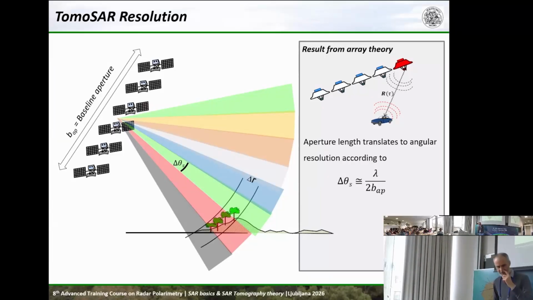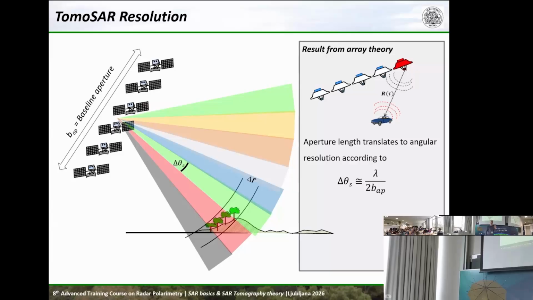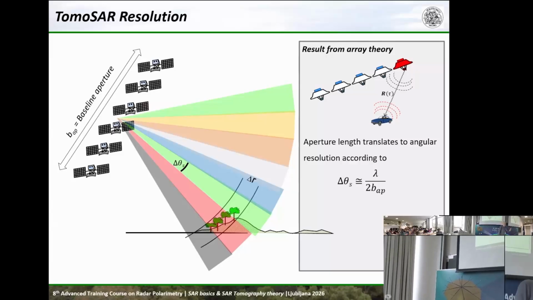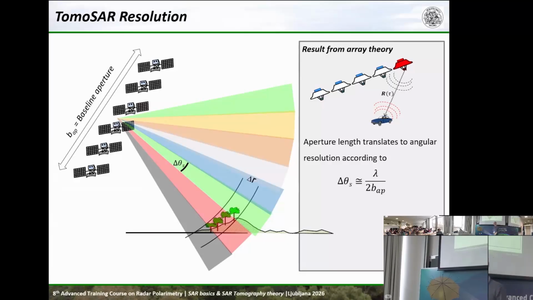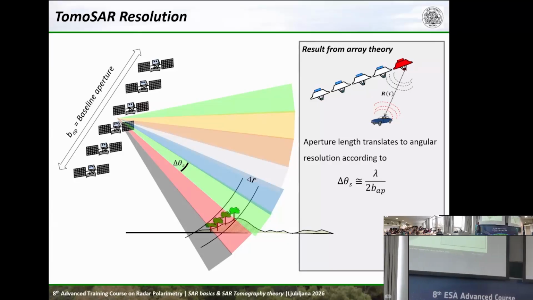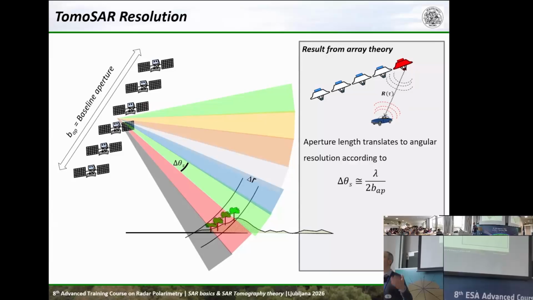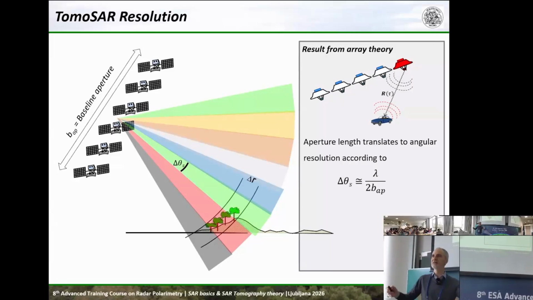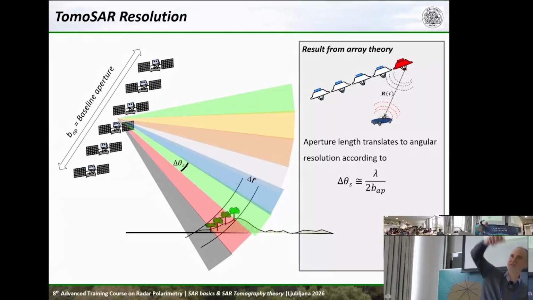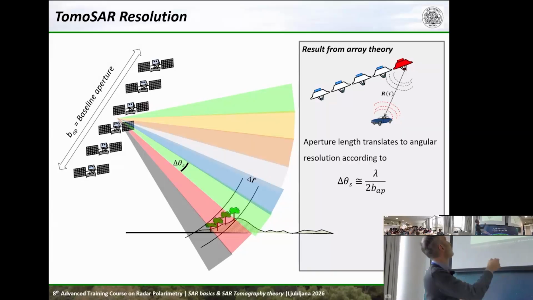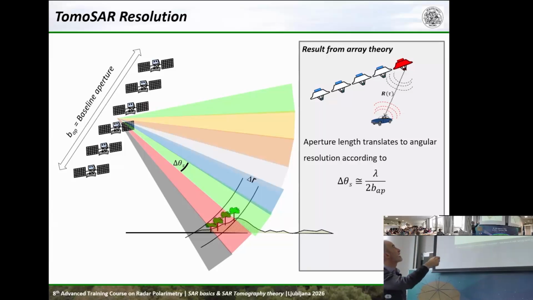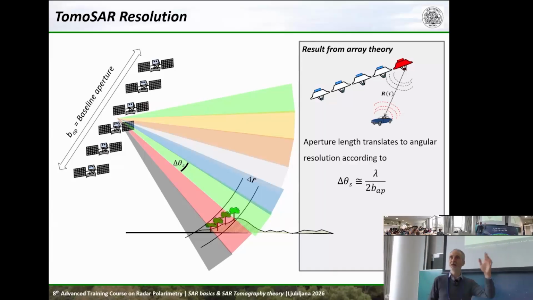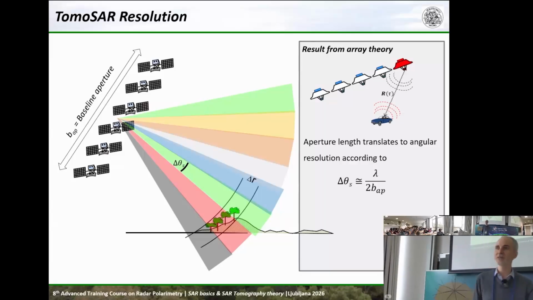I think that it's always nice to try to consolidate this knowledge with some calculations, very simple. We studied that the angular resolution is given by the ratio of the wavelength to twice the aperture. In this case, we have to consider the aperture in this direction, and this is what is called the baseline aperture. So imagine that for Biomass, a third parameter would be, okay, I downloaded the stack of 7 passes.